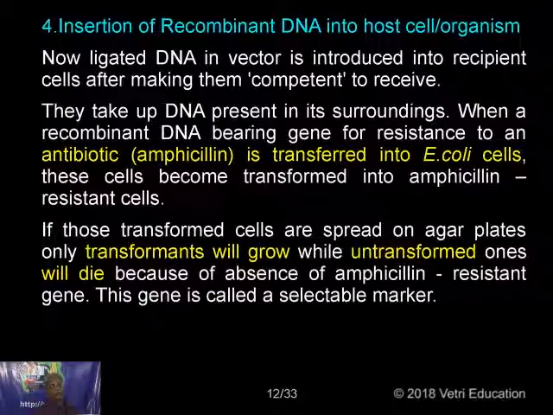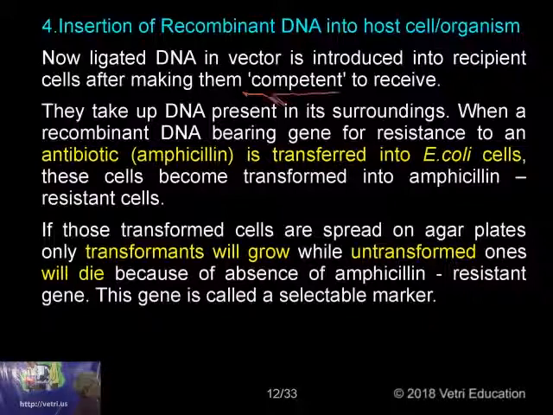Then the fourth step. What is the fourth step? This is the insertion of the recombinant DNA into the host cell or organism. Now, ligated DNA in a vector is introduced into recipient cells after making them competent to receive. That's more important.